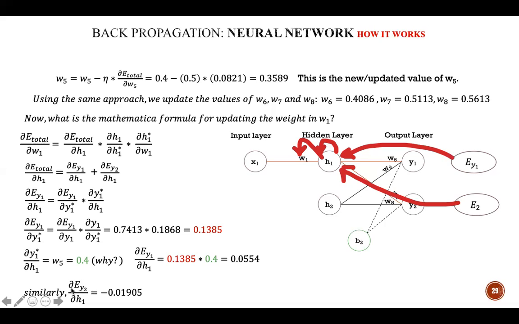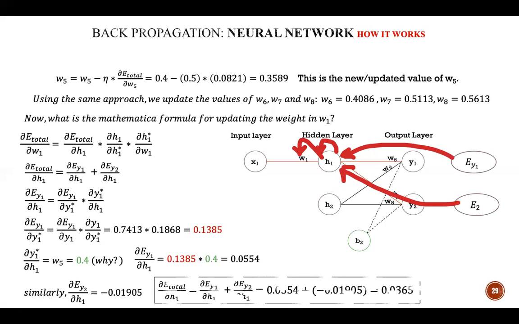Similarly, if I want to calculate partial E of Y2 over partial H1, the calculation here was for this term. How do you do this calculation? You follow the same strategy and you get this number.